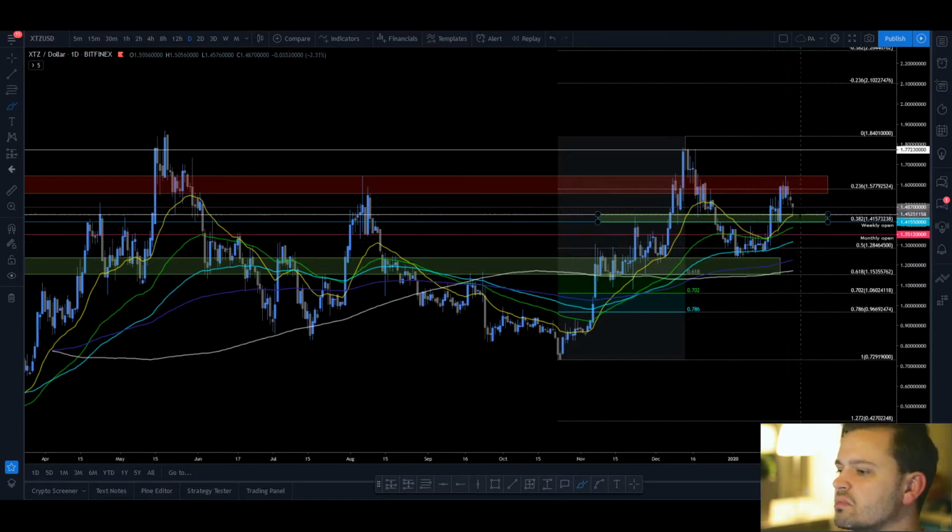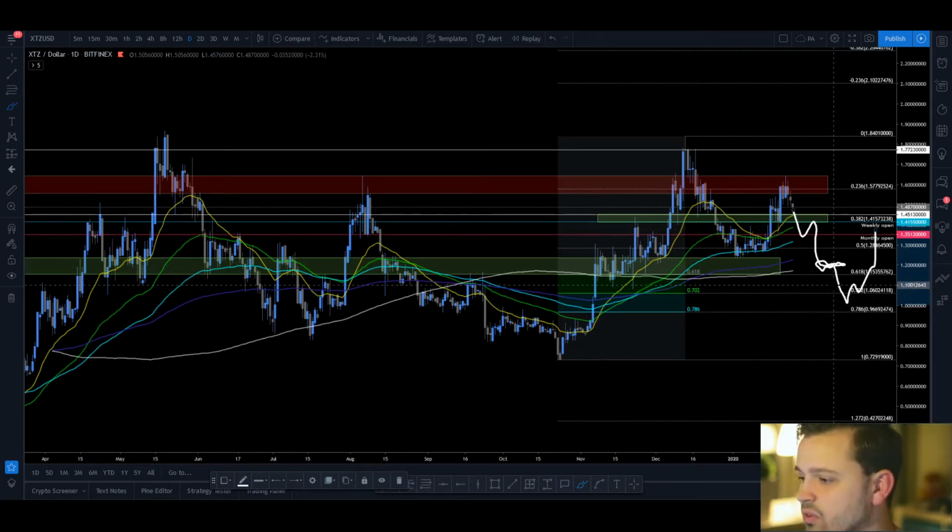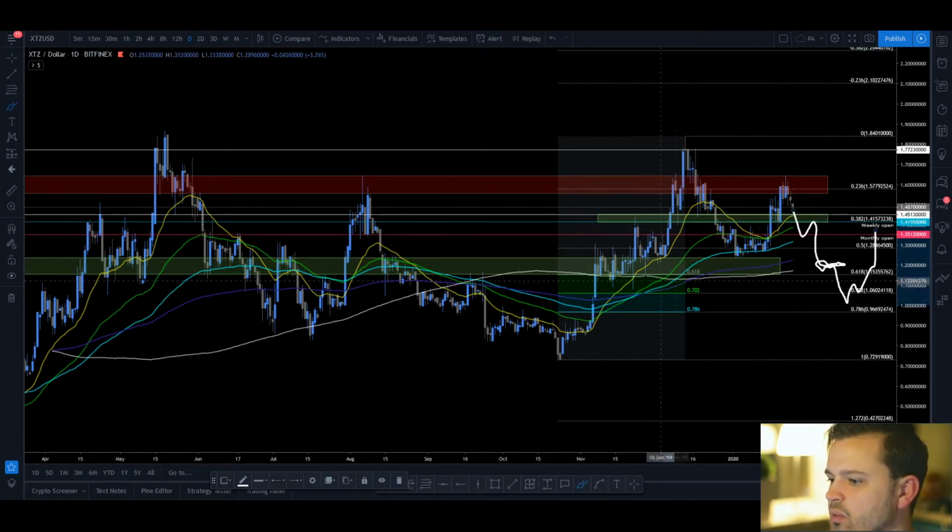I would not be surprised to see a move like this: a small bounce here, rejected, break this one, trade up here for a couple of weeks or days, and then we see an impulsive move down into the RLC, and that's what I want to see. That's where I want to see a reversal, right? So if we are bearish, I would love to see a reversal inside the RLC.